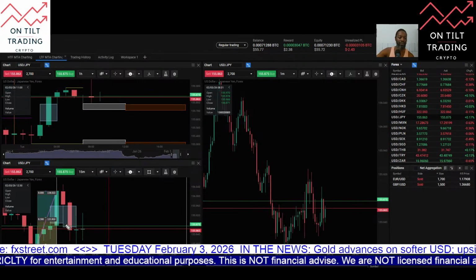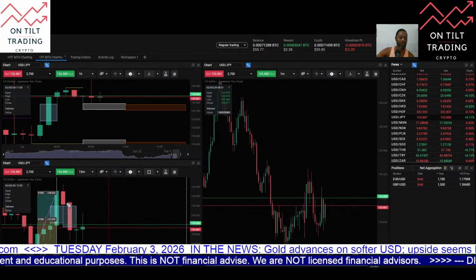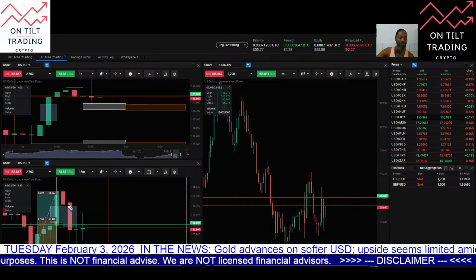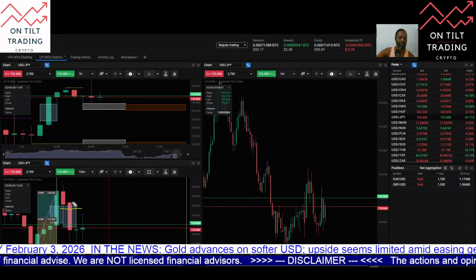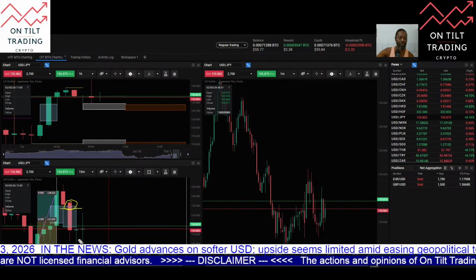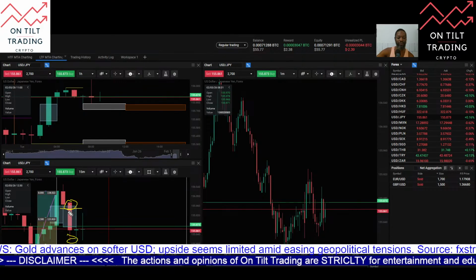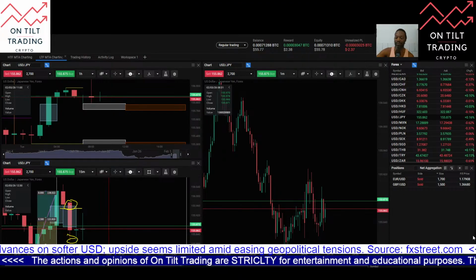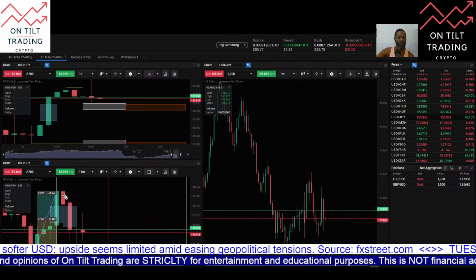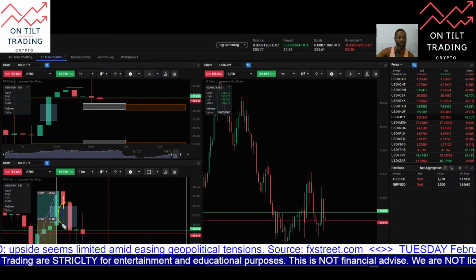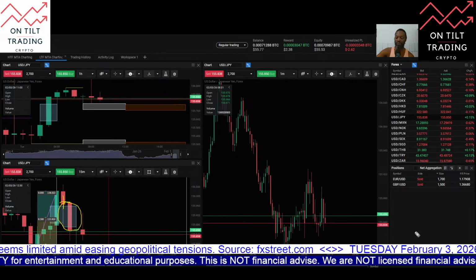As you can see, price put in a new 15-minute low here with this candle and a new 15-minute low here with this candle. So for 30 minutes price was delivering to the sell side, and with quite a bit of speed. As you can see, it left a large bearish fair value gap behind.